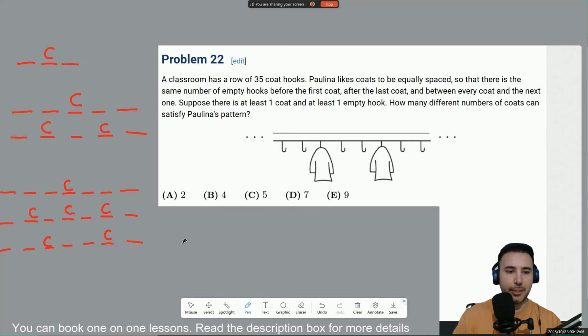Let's analyze it better. Why? When we have 7 hooks, we can have 2 codes. Look, we have 7. Of these 7, 2 of them are codes. So minus 2, then we'll have 5 of these hooks.